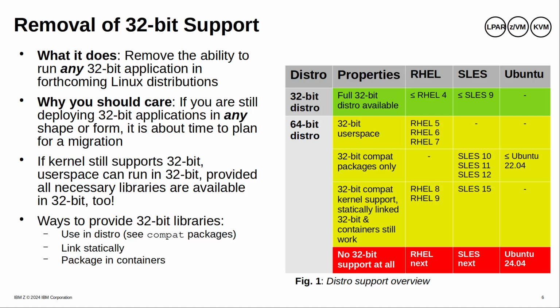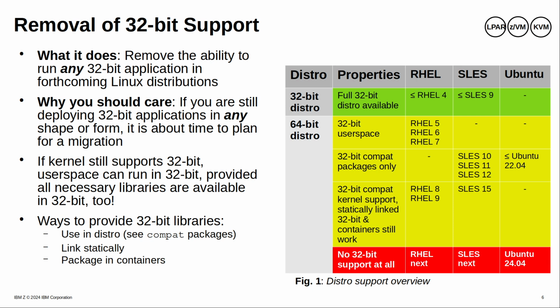When we first brought Linux onto the platform, we only had RHEL and SLES, and only the very first iterations of both of these were available in pure 32-bit versions. After that, with the introduction of 64-bit Linux distributions, the 32-bit support gradually disappeared.